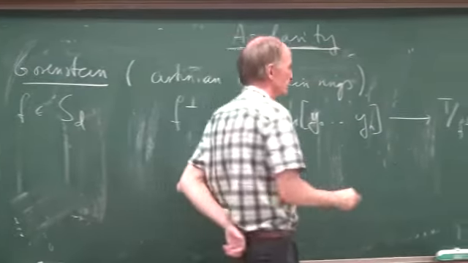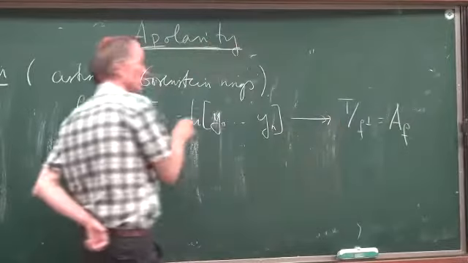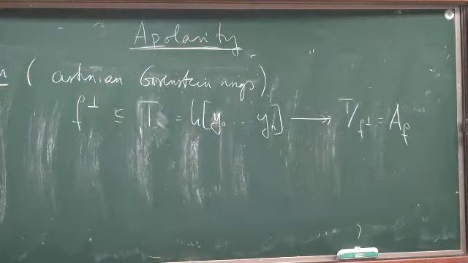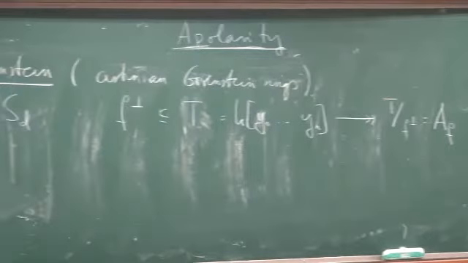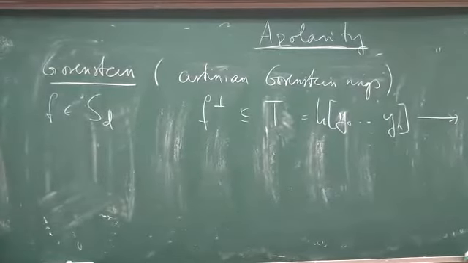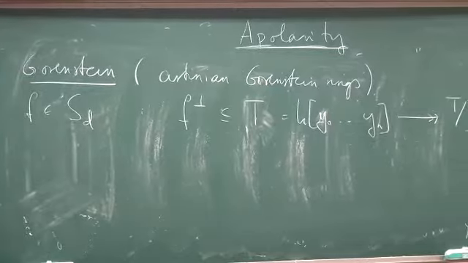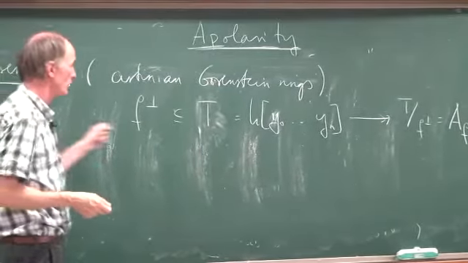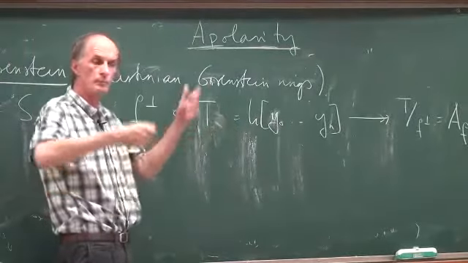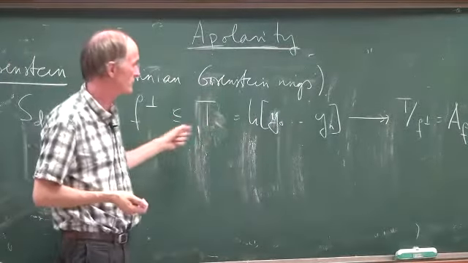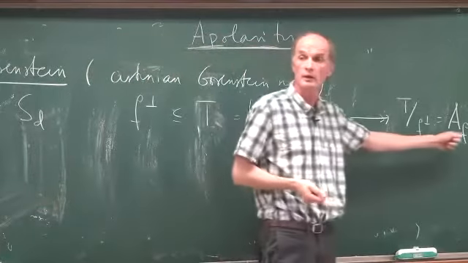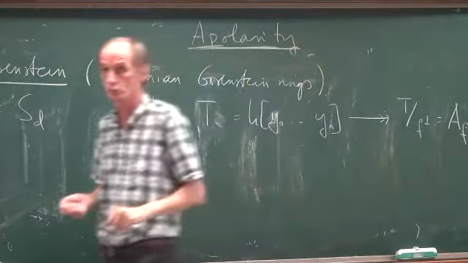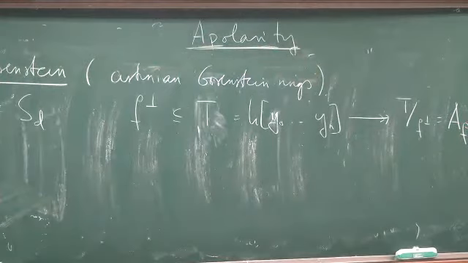That's the quotient by this ideal. Now I've forgotten about geometry. This is just rings, algebra. I've started with my f, and I look in a dual ring, what are all the polynomials that kill f? That's an ideal. The quotient is a ring. Okay?